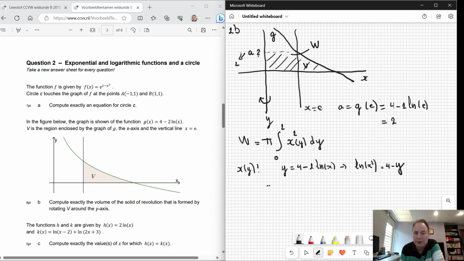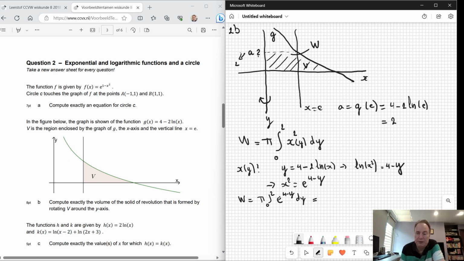So we're getting closer. That means x squared is e to the power 4 minus y. And now we substitute it here. And we get W is pi times the integral from 0 to 2 of e to the power 4 minus y dy.